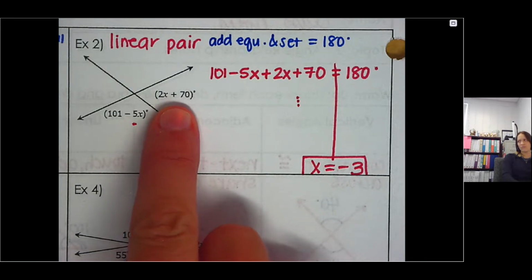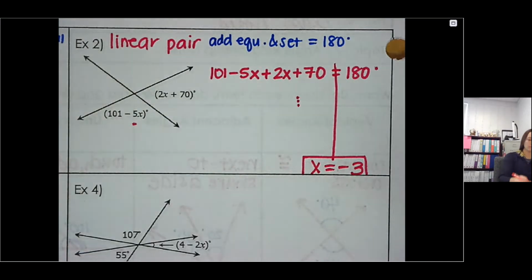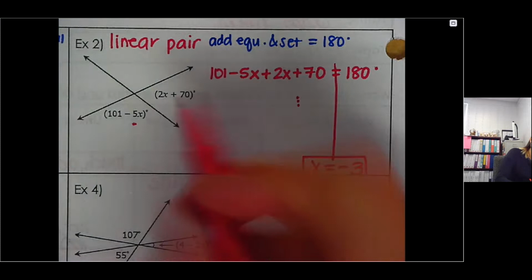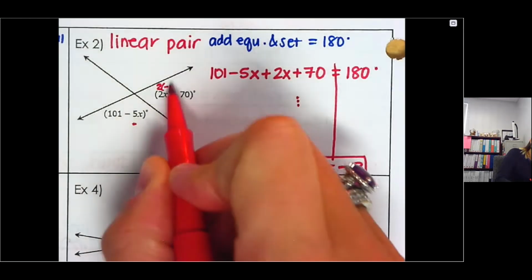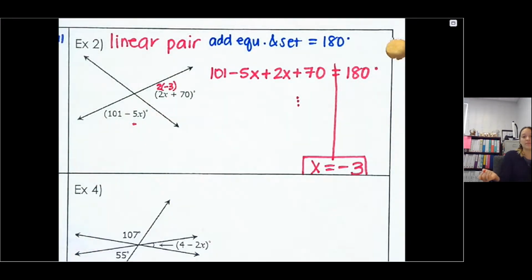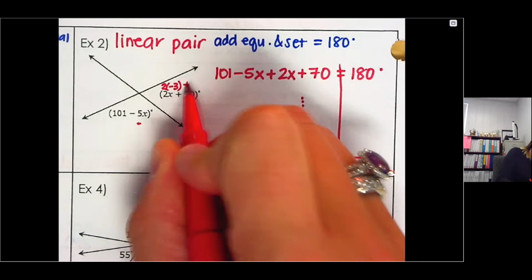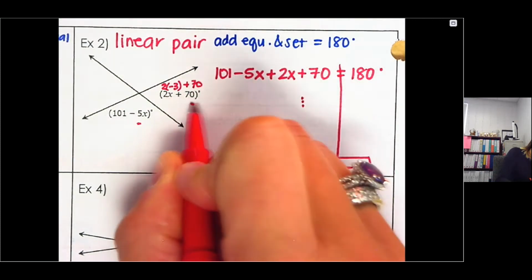Positive 64. Yeah, because it's 2 times a -3, so it's -6 essentially. So this is 64.